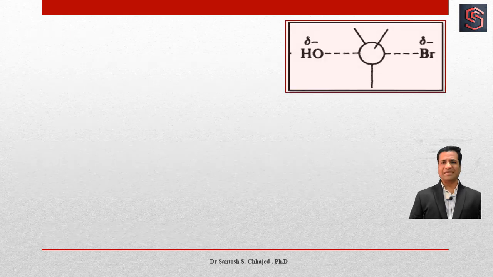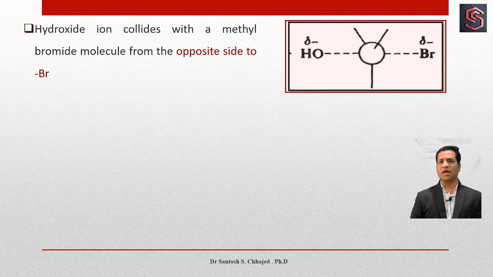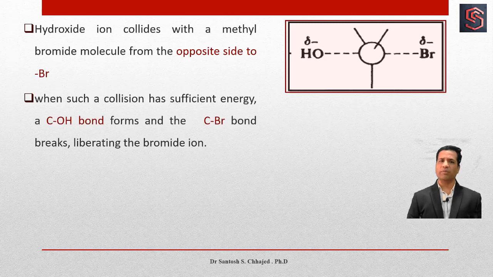Now we will see some of the facts in context to the mechanism. The hydroxide ion collides with the methyl bromide molecule from the side opposite to that of the bromide, or we could say from the rear side of the bromide ion. When such a collision has sufficient energy, the C-OH bond starts forming and the C-Br bond starts breaking, which liberates the bromide ion.